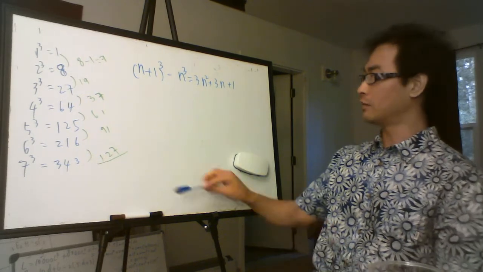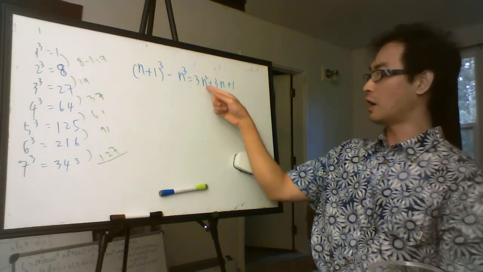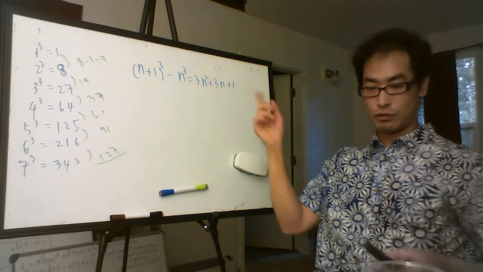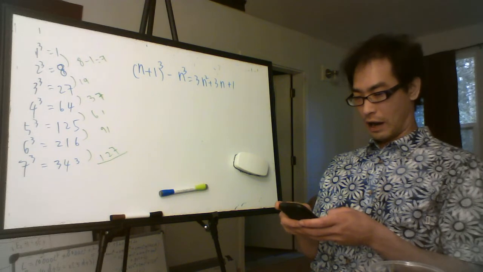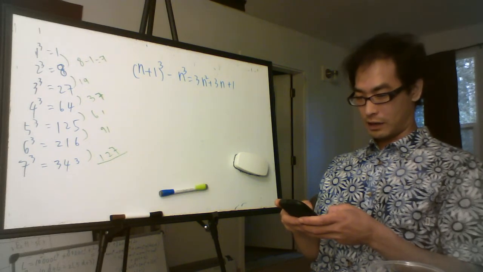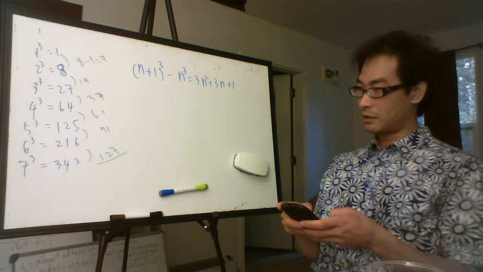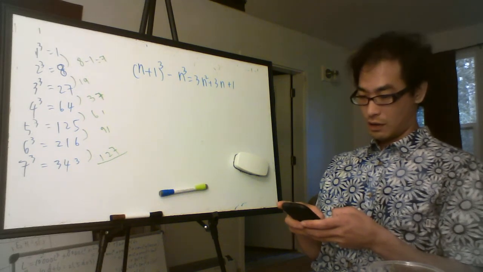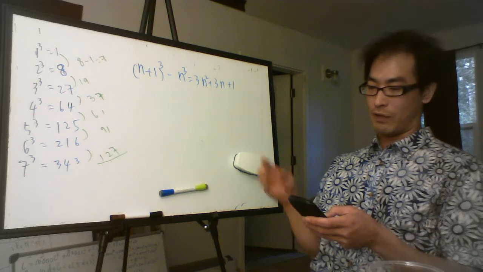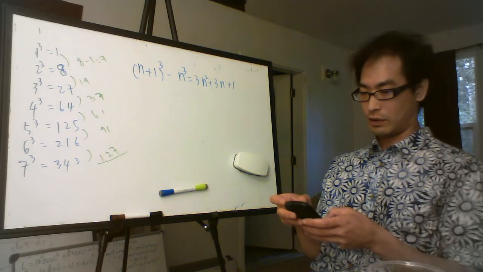The way I look it up, I just do like 3 times n to the power 2, and so on, right? I'll be very surprised if this is not already found. Is 127 a prime number? Let me look that up. Oh, yeah, it is. Okay, well, I'll be very, very surprised if this is not already known.